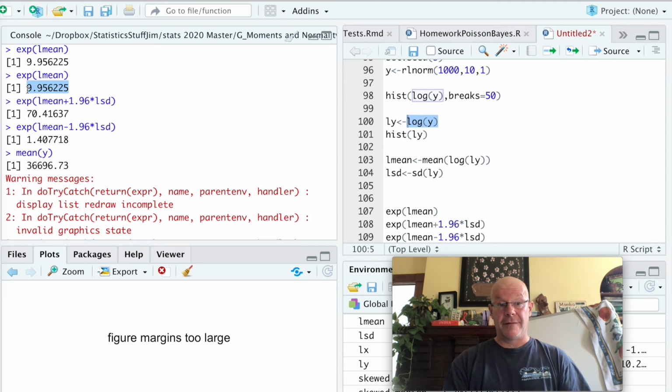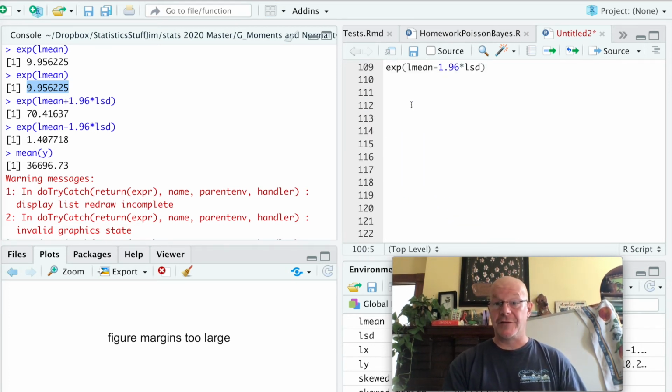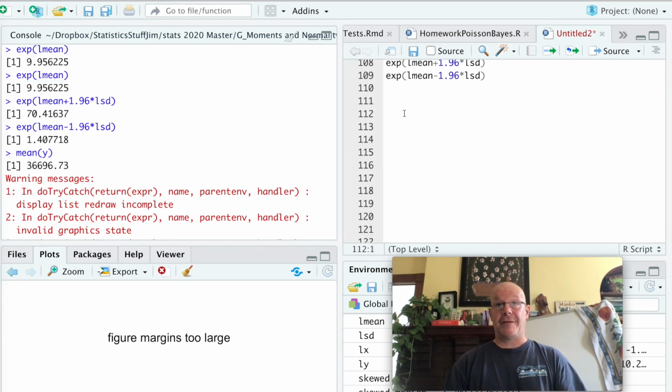Because we are taking the mean of the logs and then back transforming them. Okay, and so in that spirit, since that's kind of like the geometric mean, there's one that's kind of similar to the harmonic mean. And you recall that the harmonic mean is a reciprocal. And so we can use a reciprocal transformation.